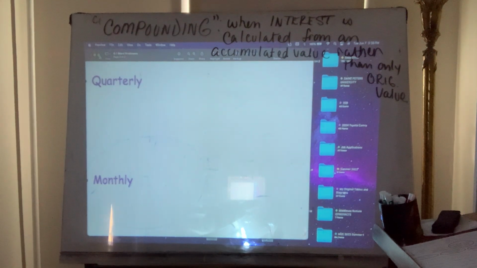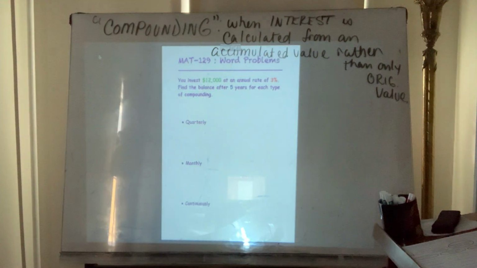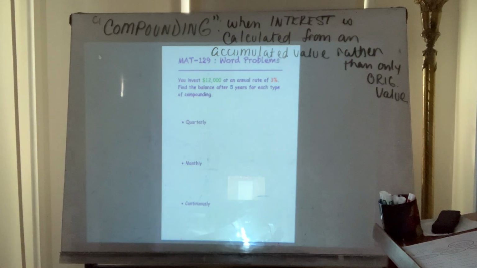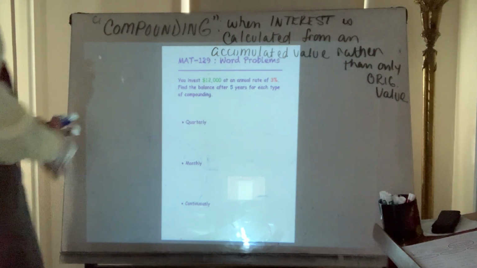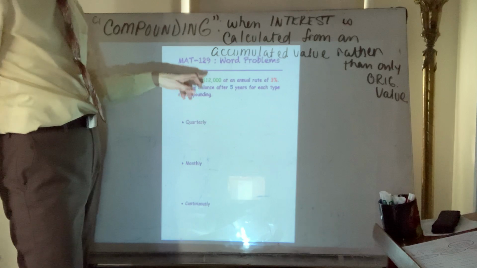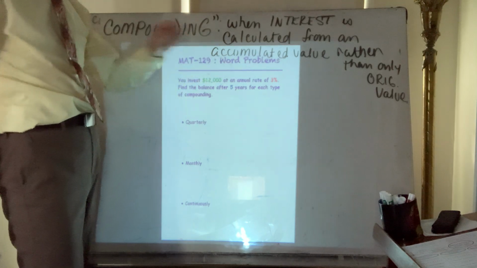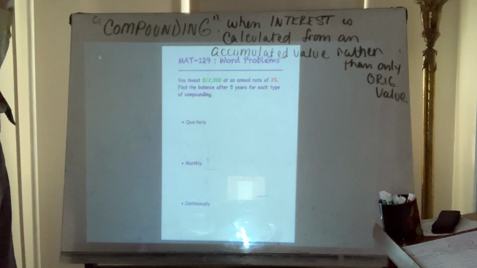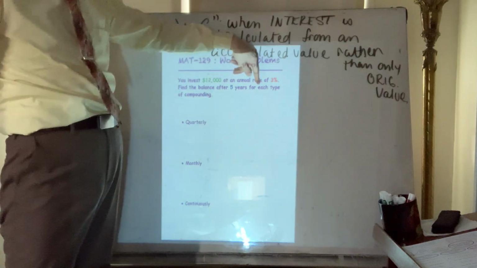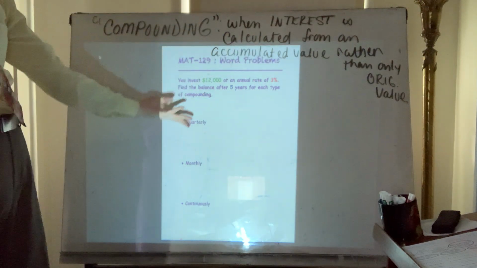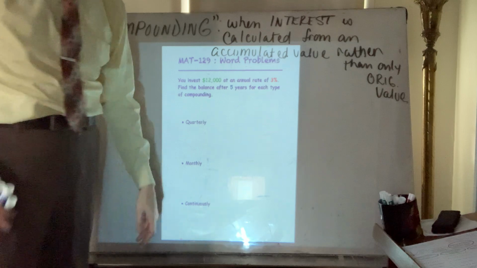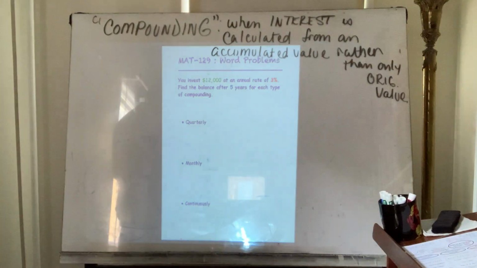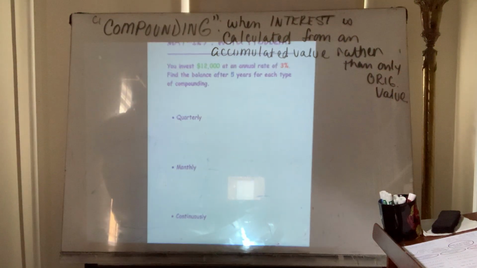I'm going to read this. You invest $12,000 at an annual rate of 3%. Find the balance of the account after 5 years for each type of compounding: quarterly, monthly, or continuously.